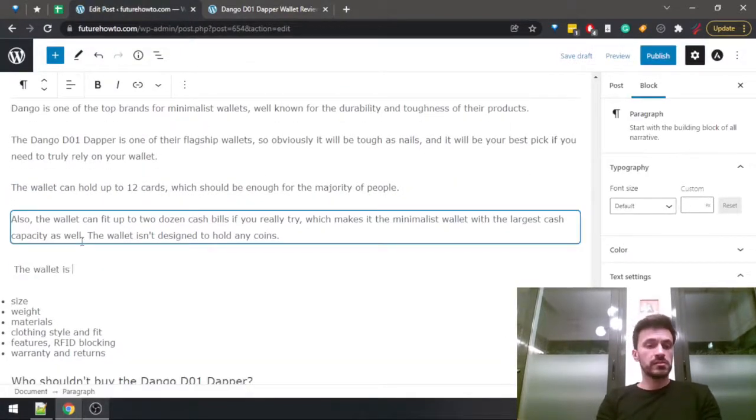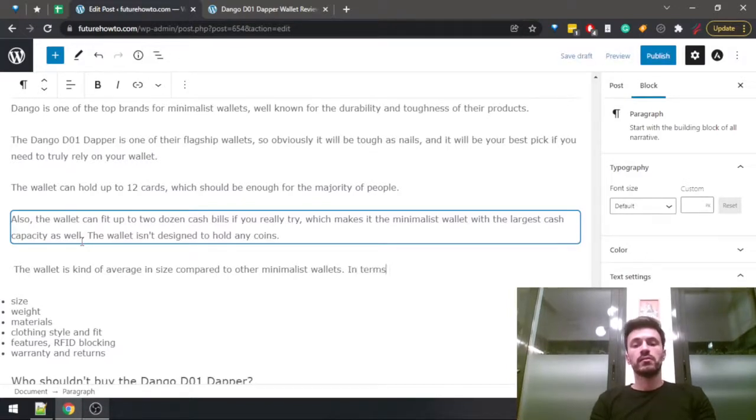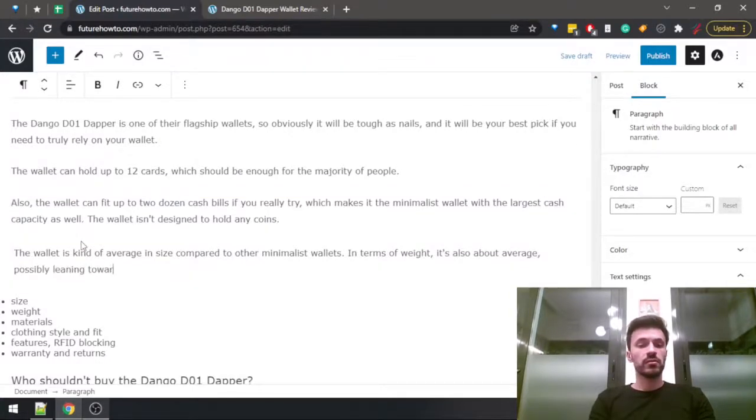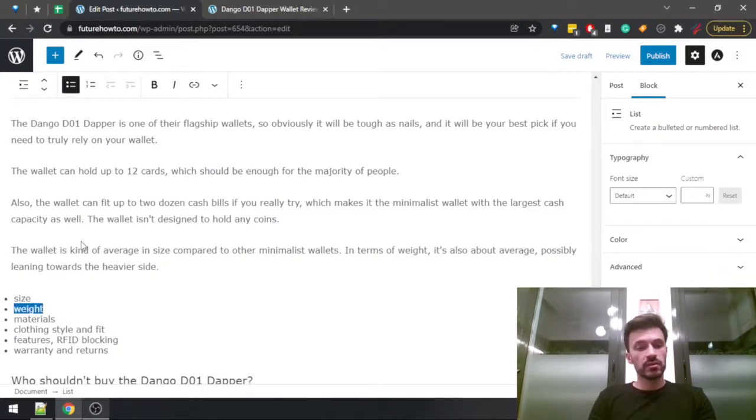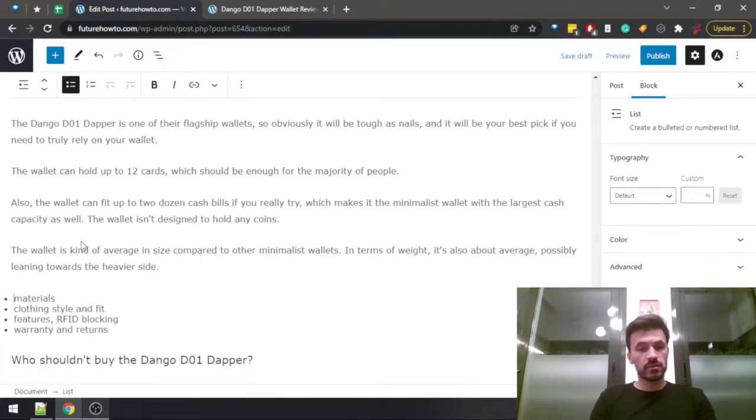The wallet is medium, average in size compared to other minimalist wallets, and in terms of weight, it's also about average, possibly leaning towards the heavier side. Size and weight, we got those covered.